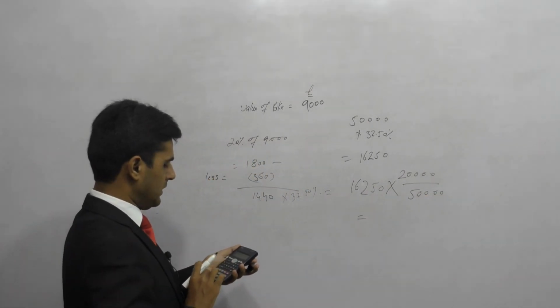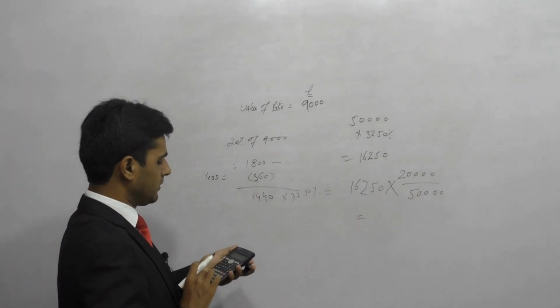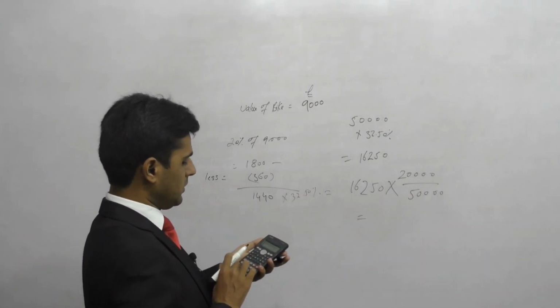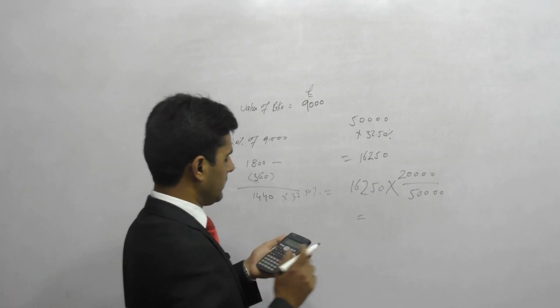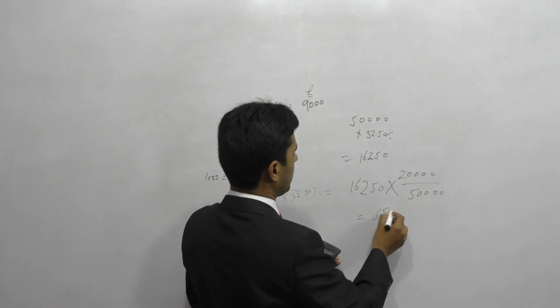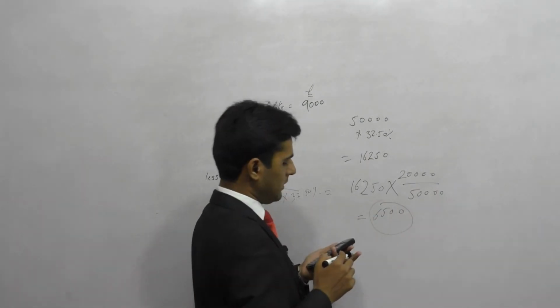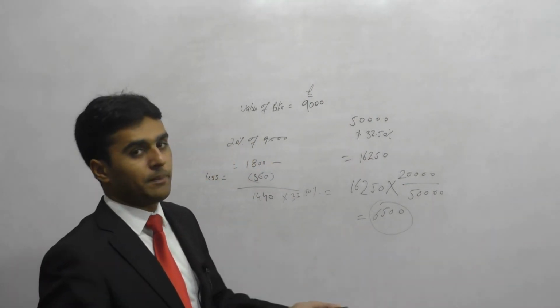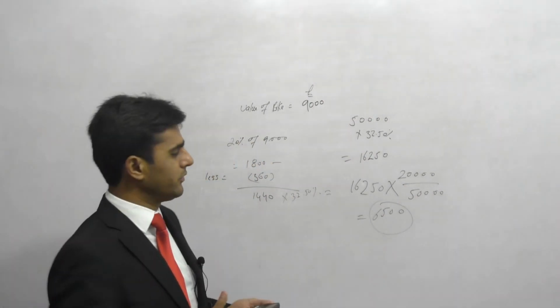So £16,250 multiplied by £20,000 of the loan given back out of the total of £50,000. £6,500 worth of the penalty will be paid back to the company by HMRC.